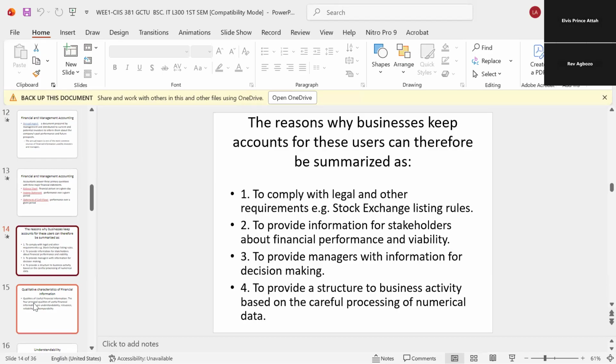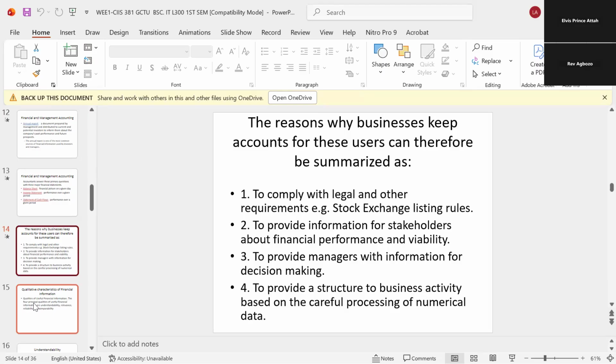Of course, there are products that you will not make profit on, but they bring people in to buy other products. So through the accounting information, you can deduce whether to maintain a line of production or to close it down.